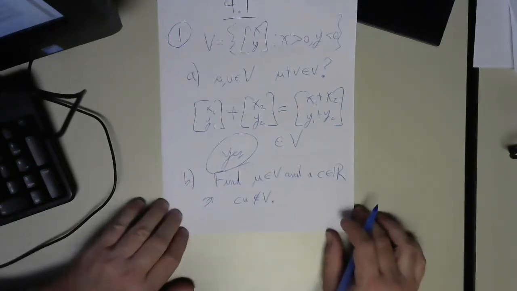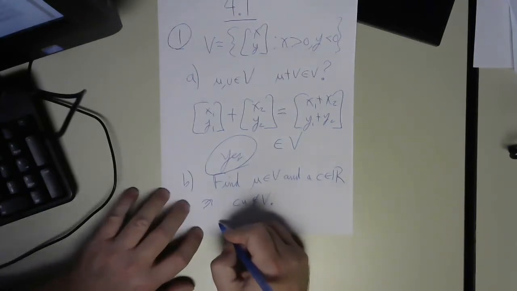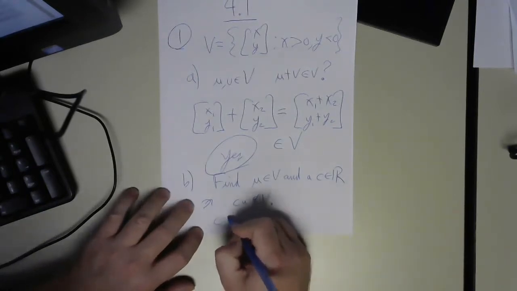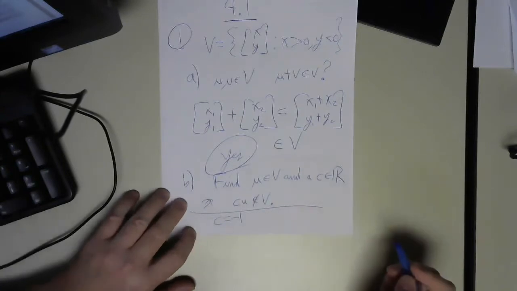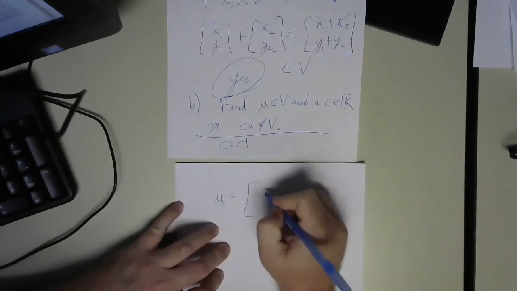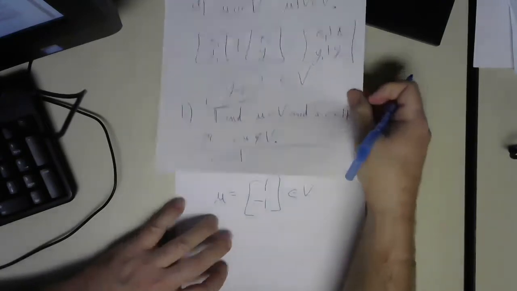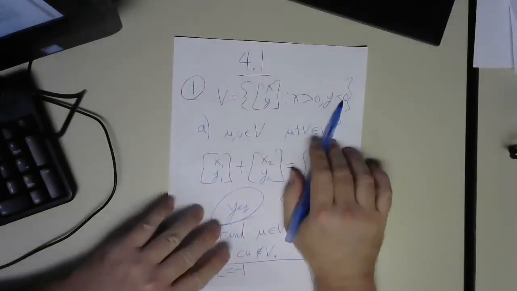So I think that'll be pretty easy because I think if you just choose c to be -1, that'll probably do it. So how about if we do this? I'm going to let u be 1, -1. And that's certainly in V, isn't it? Because the x has got to be positive, the y's got to be negative.